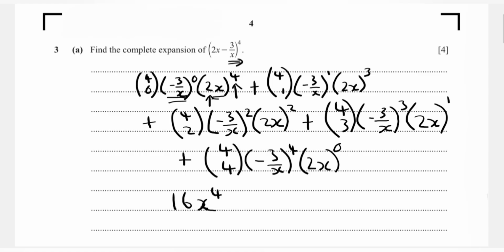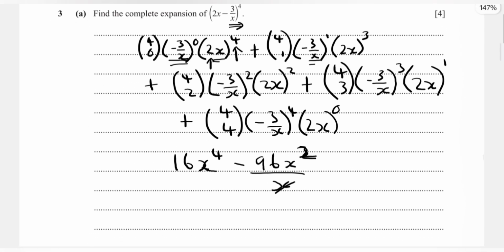And for the second one, we have 4 choose 1 times minus 3 times 2 to the power 3, that's our 8, which gives us minus 96x, this x to the power 3 over this x right here, right? And this will result in x squared, right? So it's 16x to the 4 minus 96x squared, right?